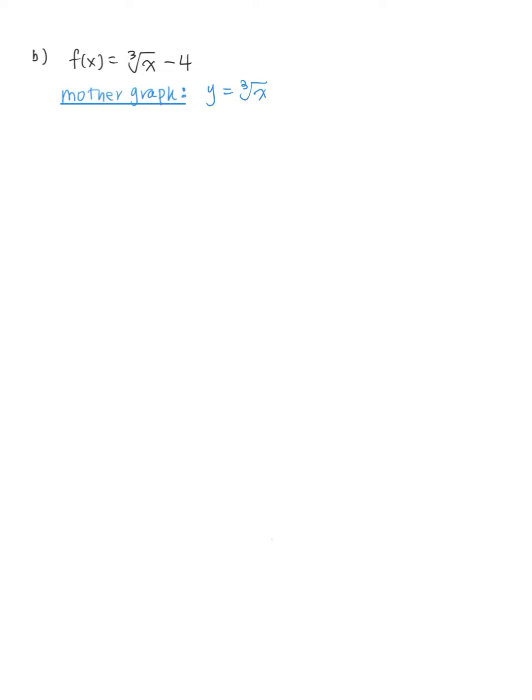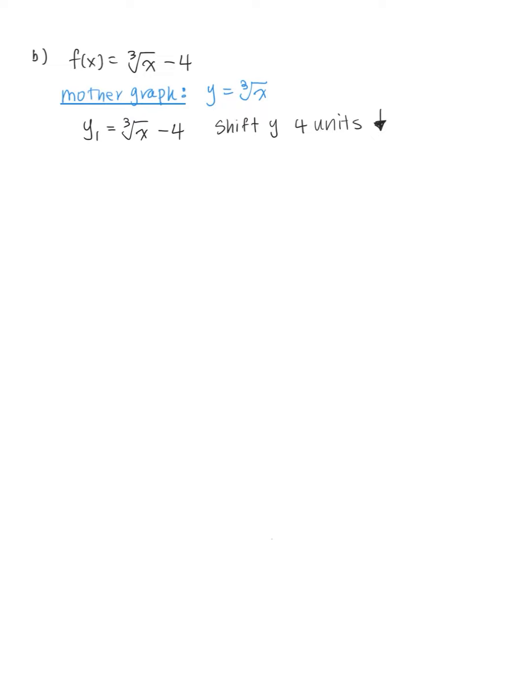Our next function is y sub 1, which is cube root of x minus 4. What you need to do is shift y 4 units downward. So I'm going to put the down arrow here that indicates it's going to go down 4 units.